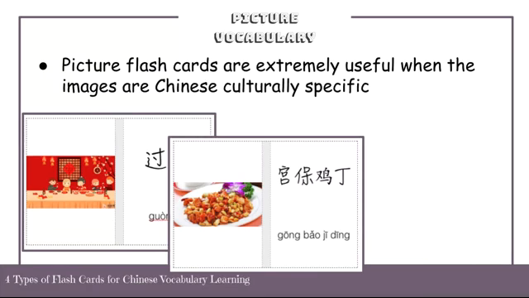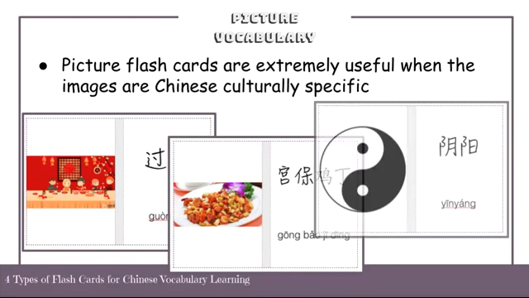If you want to learn the Chinese words 宫保鸡丁, it doesn't make much sense. But only when you learn the words together with the picture, you can establish the association, establish the relationship. Another example is 阴阳. For many people, 阴阳 is a concept. It's hard to understand.